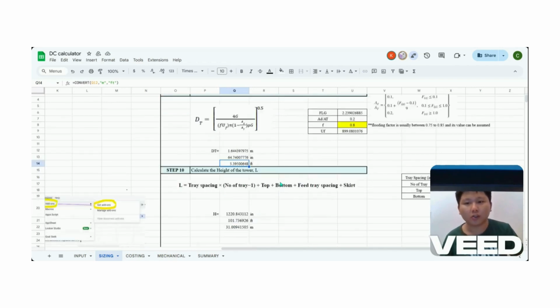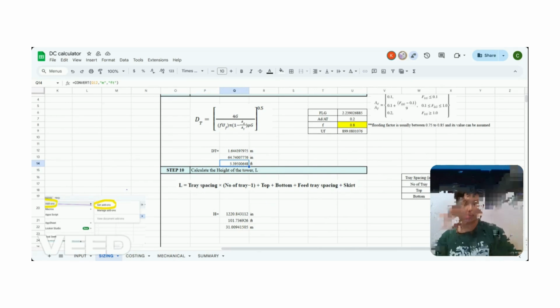Okay, so next we'll go with the calculation of height of the tower. For height of the tower, we have a formula of tray spacing multiplied with the number of trays minus 1, plus the top height, plus the bottom height, plus the feed tray spacing, plus the skirt.